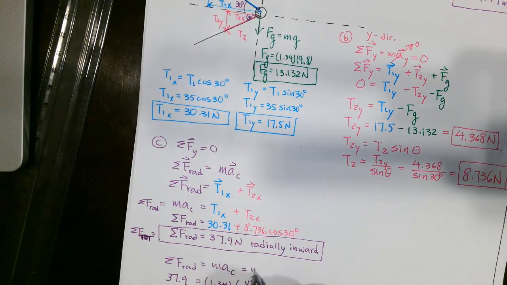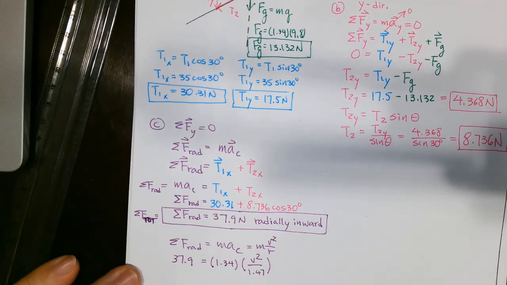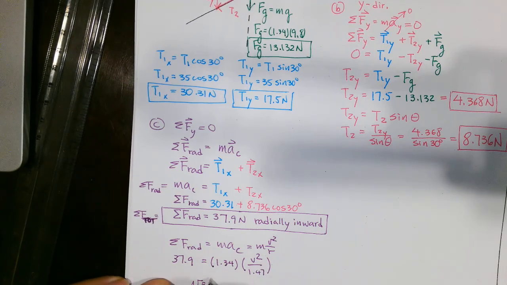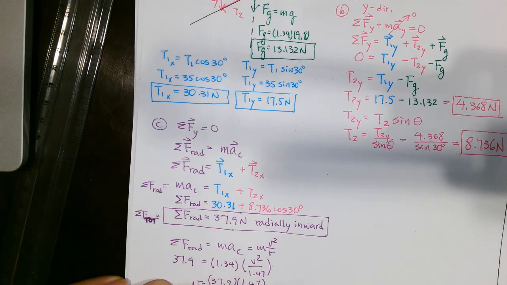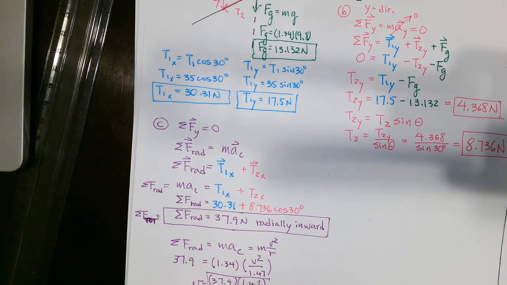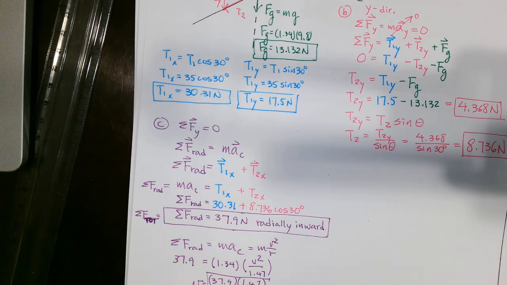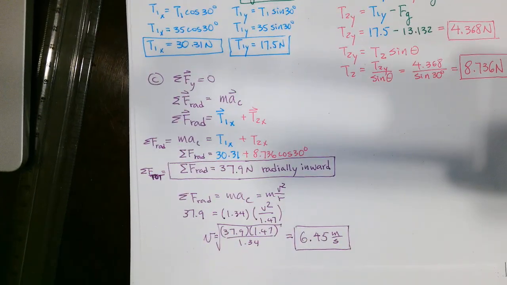So, m v squared over r. If you solve for v, v is equal to the square root of 37.9 times 1.47, divided by 1.34. That comes out to 6.45 meters per second. I think that's it.